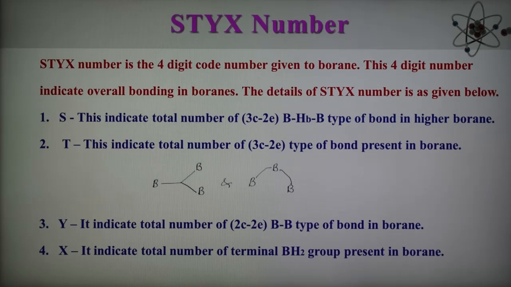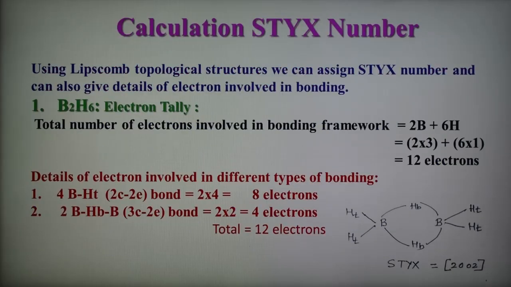So in short it is known as the styx number, and the styx number can be calculated for any higher borane. So this is the meaning of the styx number and of S, T, Y, X, which is shown in this slide. Now how to calculate the styx number? The calculation of the styx number is shown in this slide, and Lipscomb is the name of the scientist.